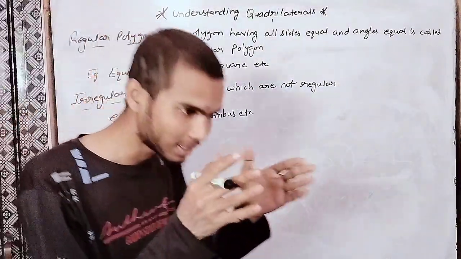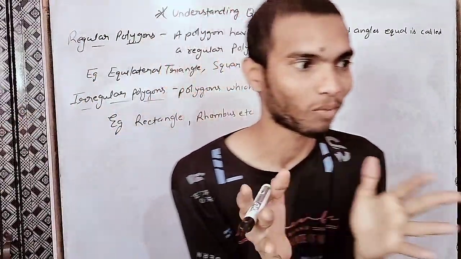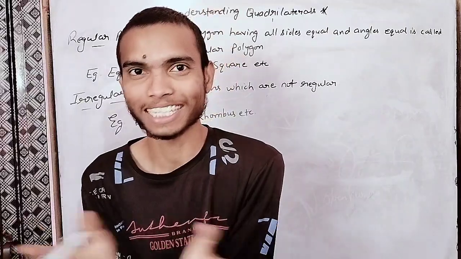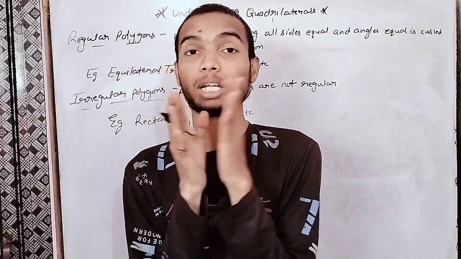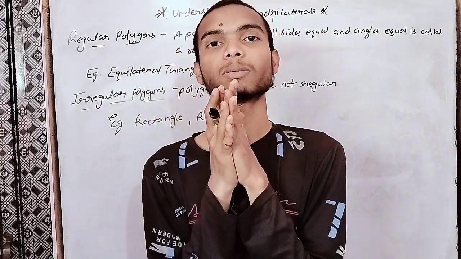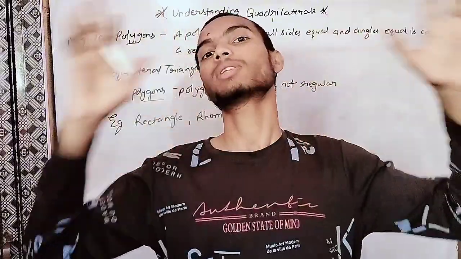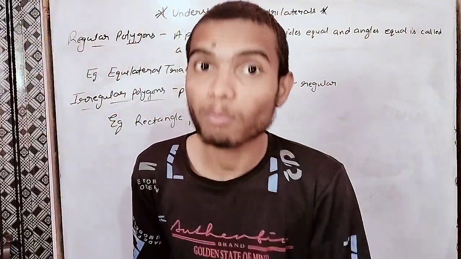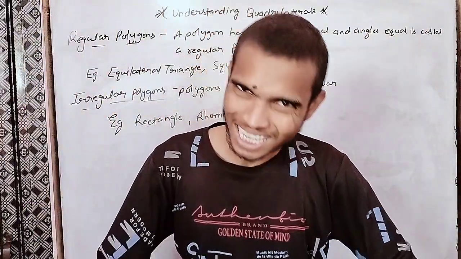So the length of sides, in meters or centimeters, the length of all sides of a polygon is equal.